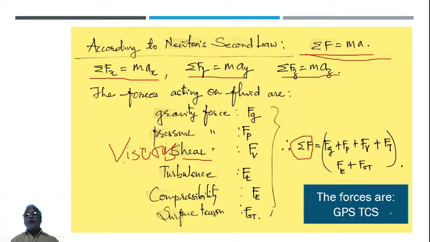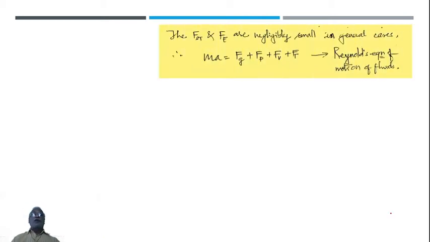Now, with these forces, what to do? For the sake of simplicity, we can say Fst and Fe are negligibly small in general cases of liquids, especially. Surface tension as well as elastic forces or compressibility forces are negligible.